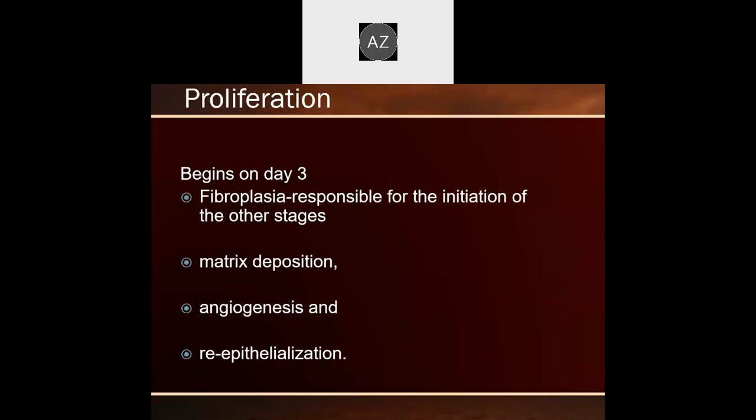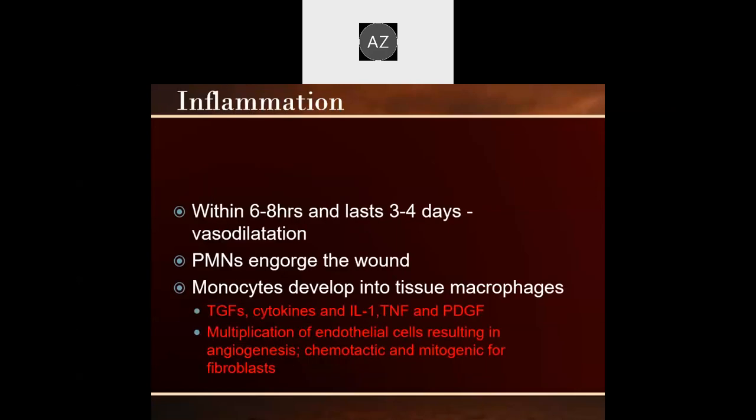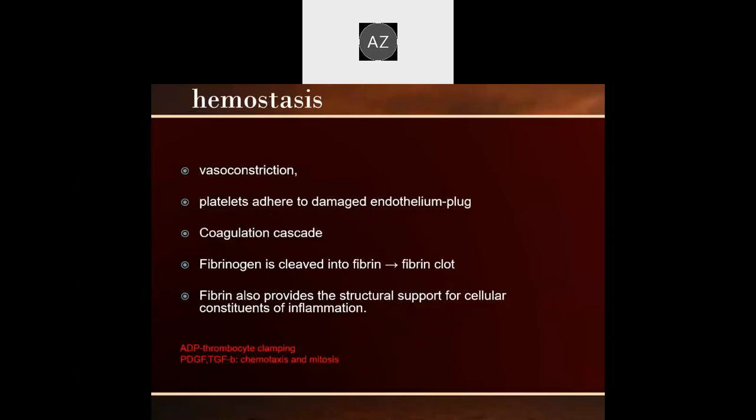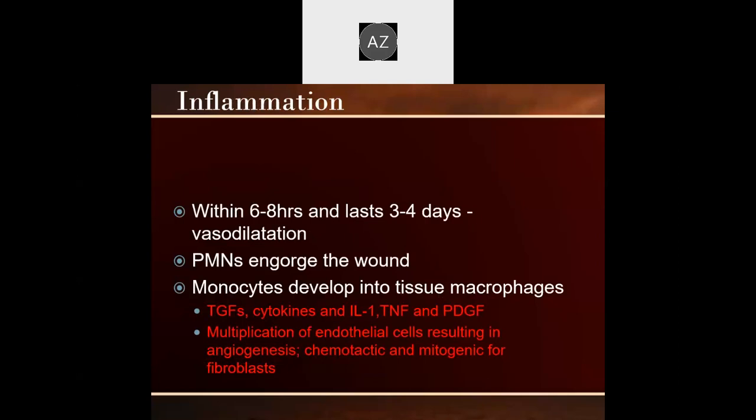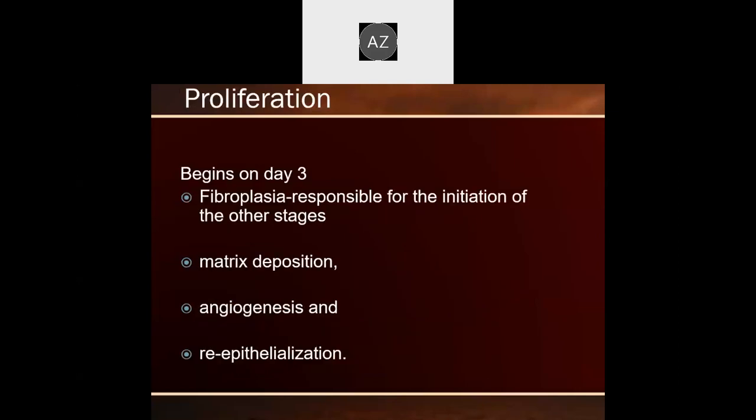And then we have the third stage, proliferation. It begins on day 3 when inflammation has reached day 3. Inflammation is hours to days, 6 to 8 hours, and then 3 to 4 days. This one begins day 3.